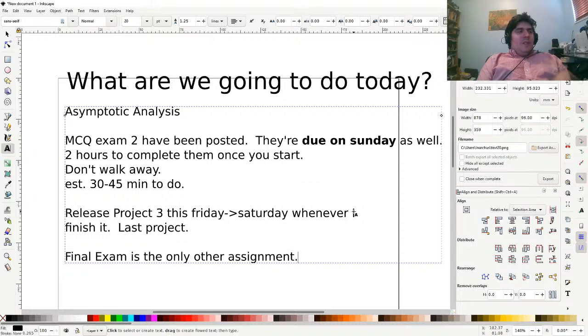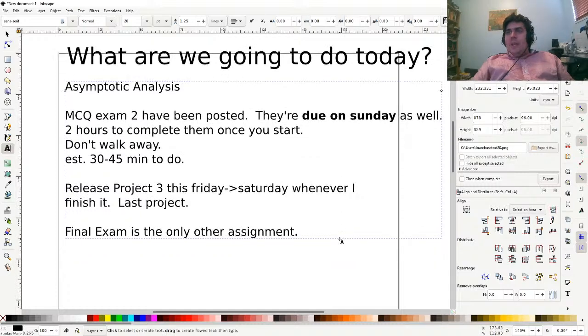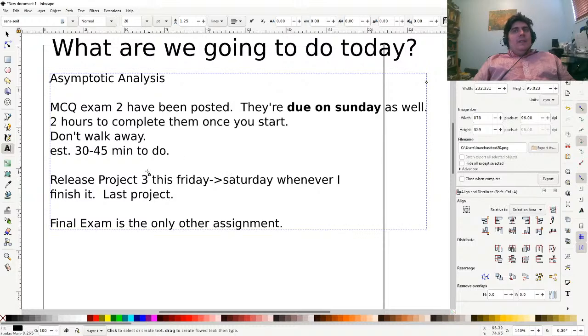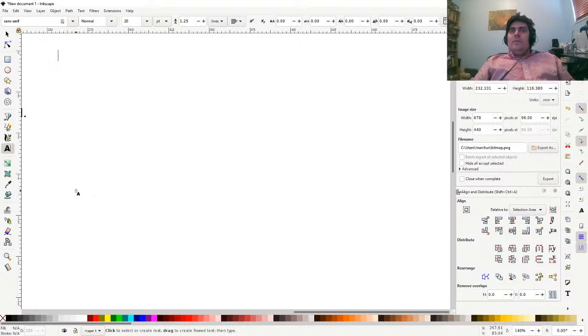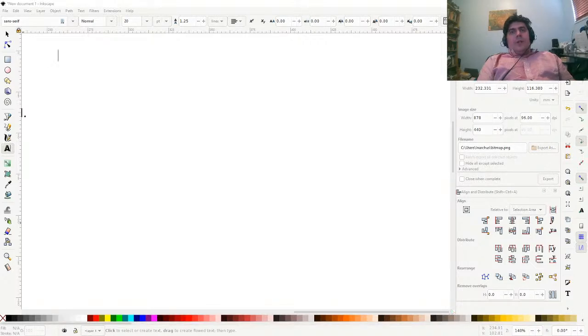Okay, all right, I think that's just about it. So let's begin asymptotic analysis. So what is asymptotic analysis? Project 3 is always a recursion project.